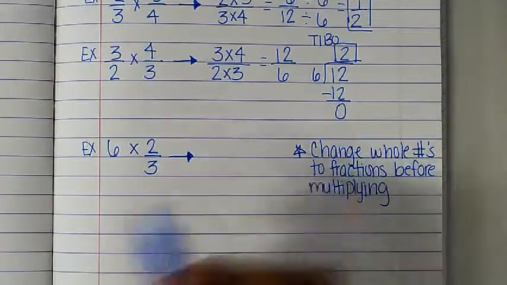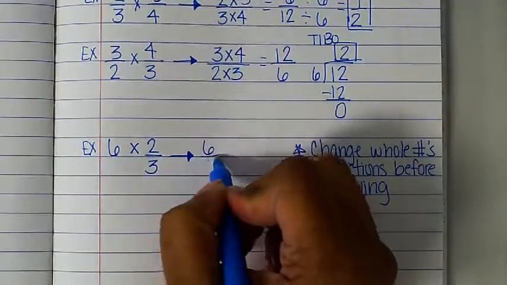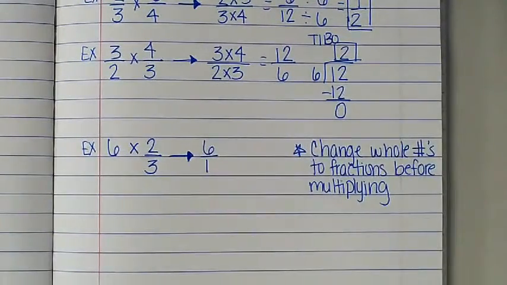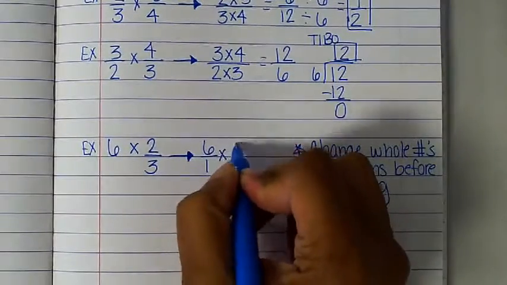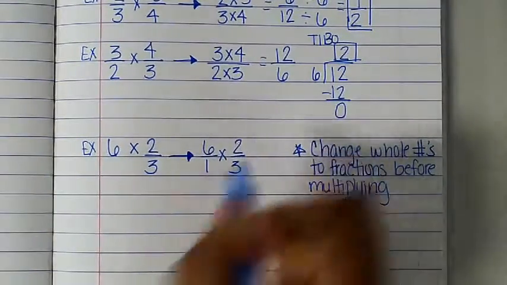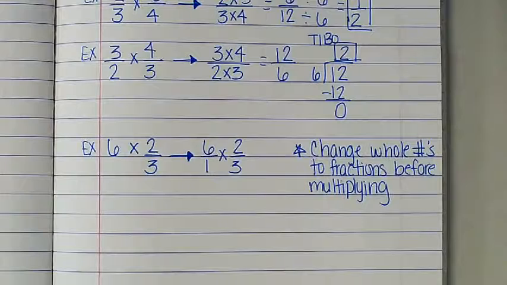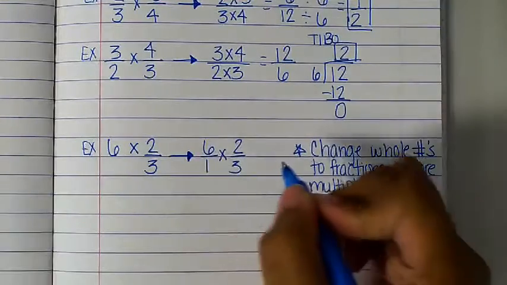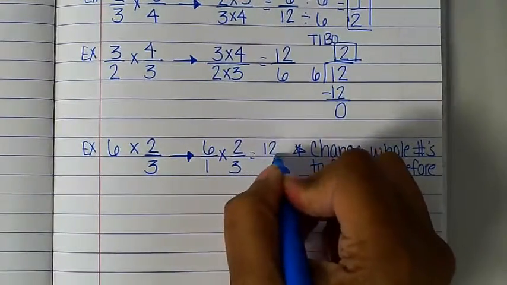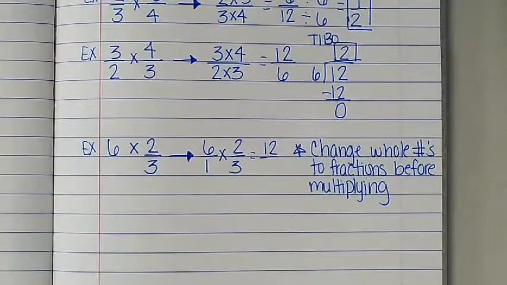So I'm going to turn this into 6/1 times 2/3. Because there is nothing wrong with that fraction. It's a fraction. So now I just multiply straight across. 6 times 2, 12. And 1 times 3, 3.